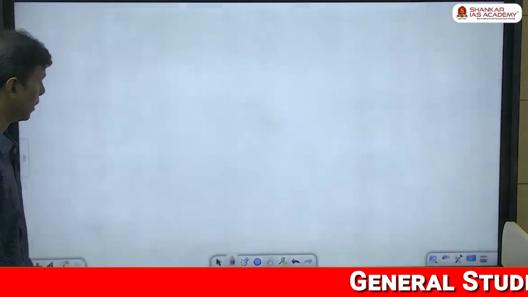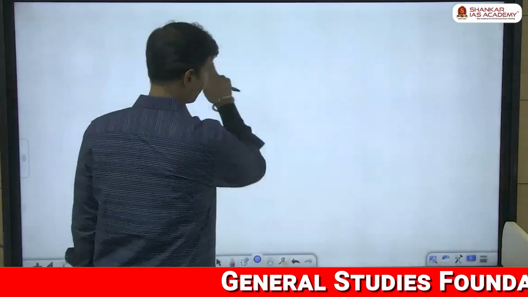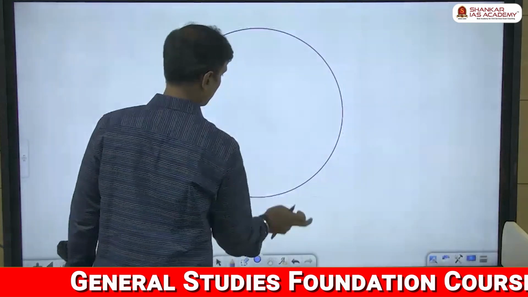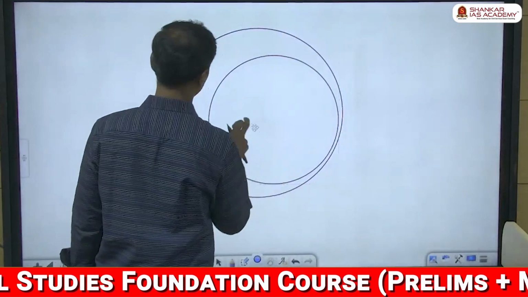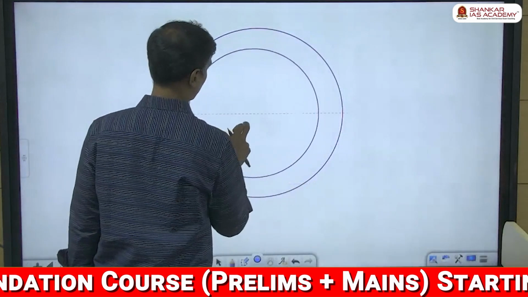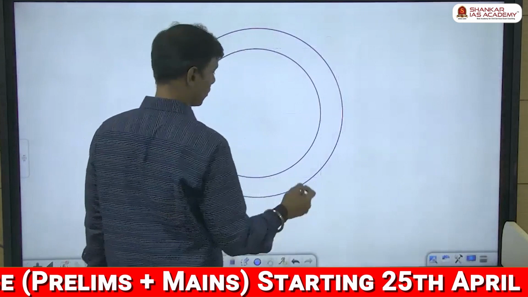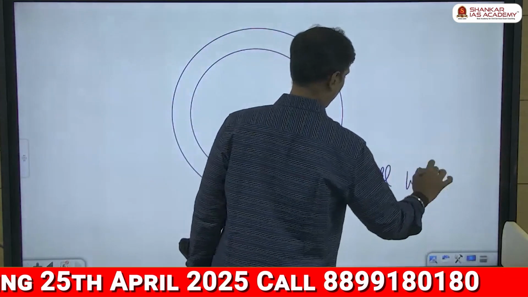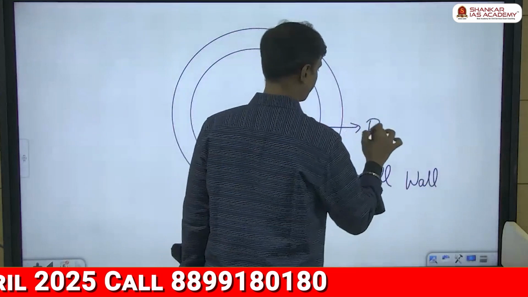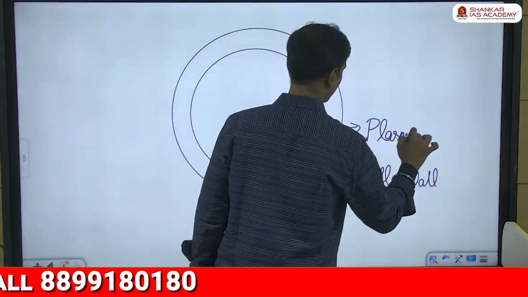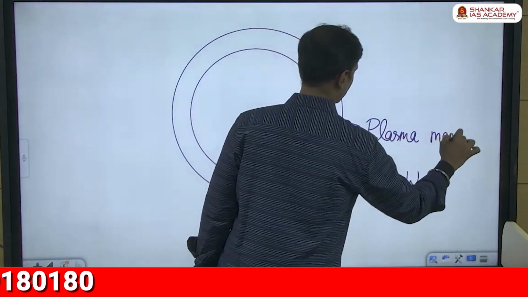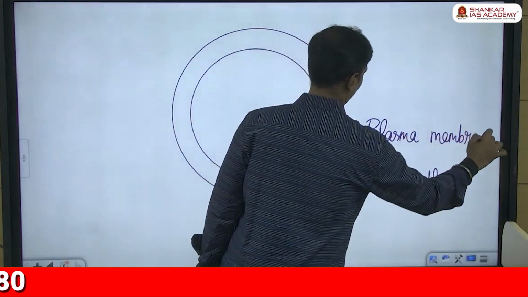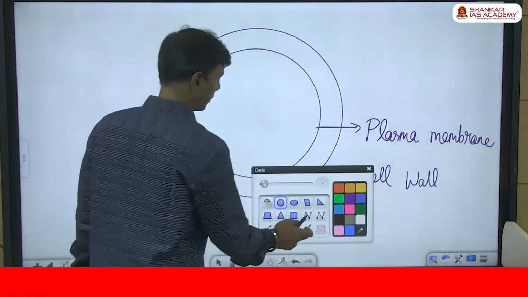To understand this, if you take any cell, I've drawn this earlier, but still once again, the outermost part is called the cell wall. And then the second one is the cell membrane, otherwise called the plasma membrane, followed by the cell wall and cell membrane.